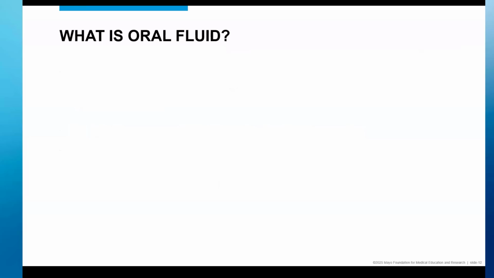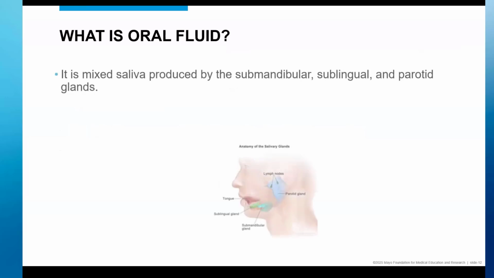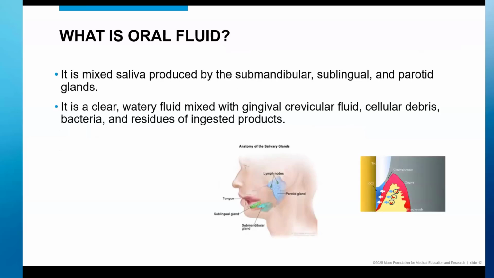So now let's get into the facts. What is oral fluid? Well, it's actually mixed saliva that is produced by three different glands: the submandibular, sublingual, and parotid glands. It's a clear, watery fluid that's mixed with gingival crevicular fluid, cellular debris, bacteria, and yes, the remnants of your last meal, so ingested food products.